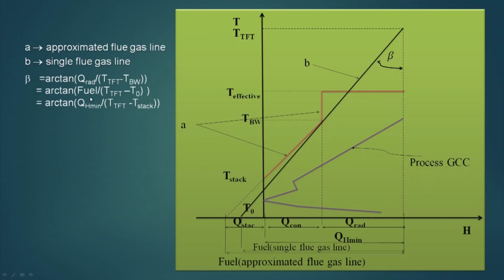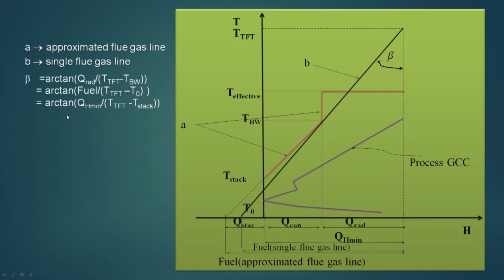Similarly, we can find out that this beta is equal to fuel divided by T f t minus T 0. So, this is the fuel which has been consumed in this. Now, this distance which is fuel divided by this distance which is T f t minus T 0.